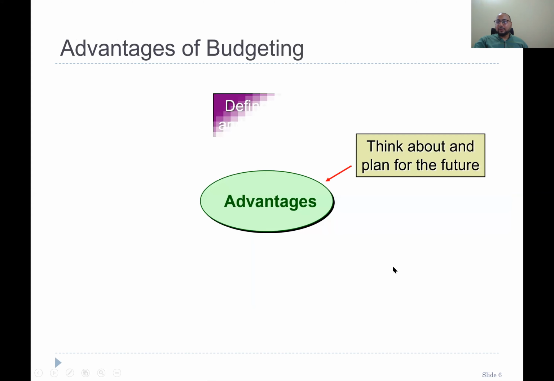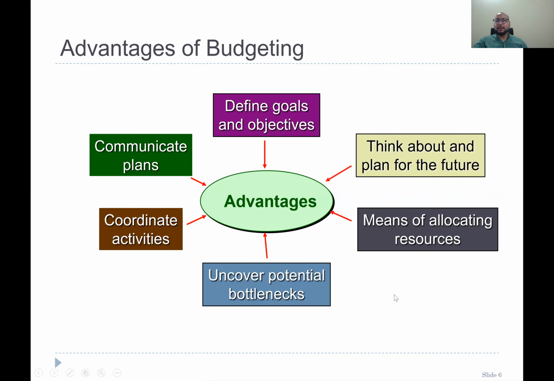So the advantages of budgeting. First of all, number one, you cannot start the process of budgeting unless you have defined goals and objectives. So the number one advantage is that you will have defined goals and objectives. Number two, think about and plan for the future, right?